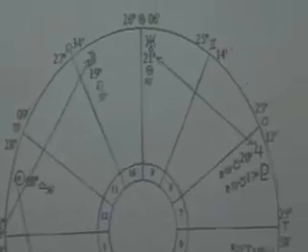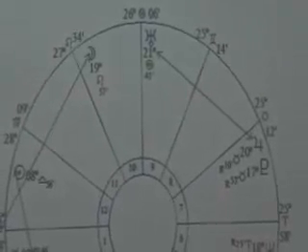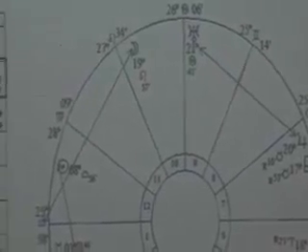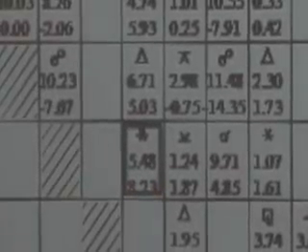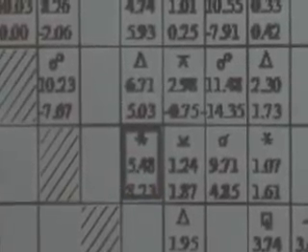Let's see what that looks like in terms of their astrodyne power. Here it's 5.48 astrodynes. This is a powerful aspect. And the harmony is, I can't read it, but I would guess it's either 823 or 873.